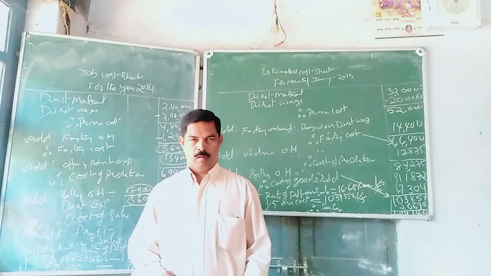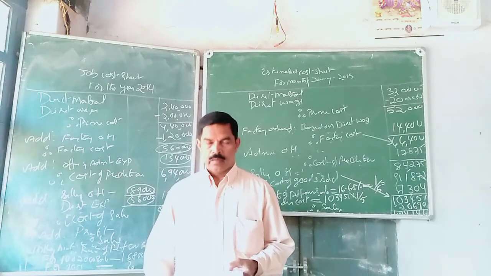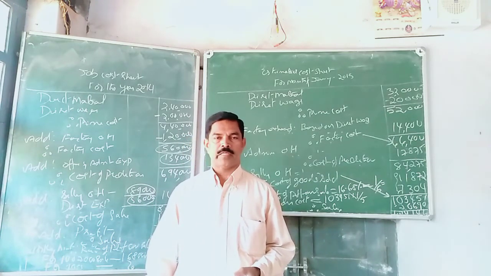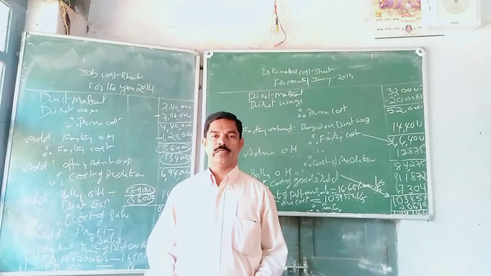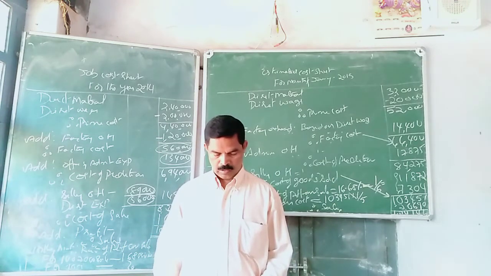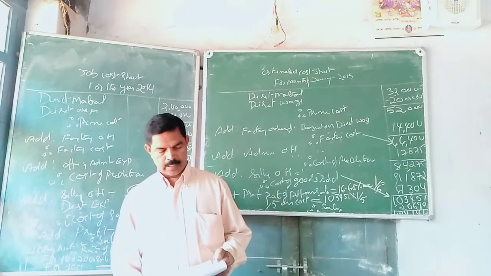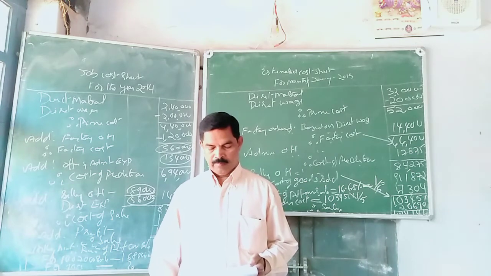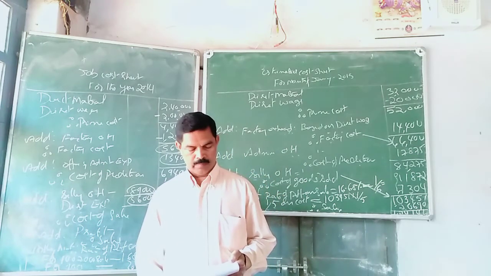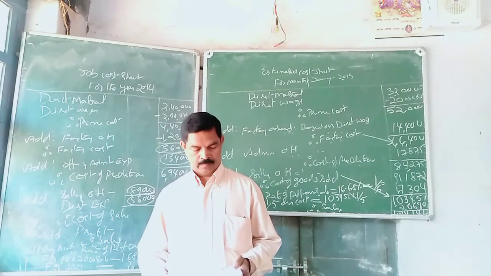So here in cost center, cost is ascertained for the purpose of cost control. Then again, cost center is a natural division of an undertaking for the purpose of measuring cost of a particular operation and for applying this cost to the product.